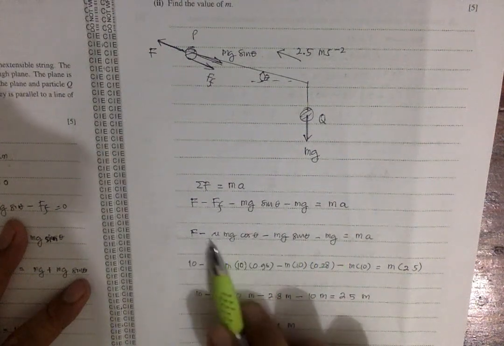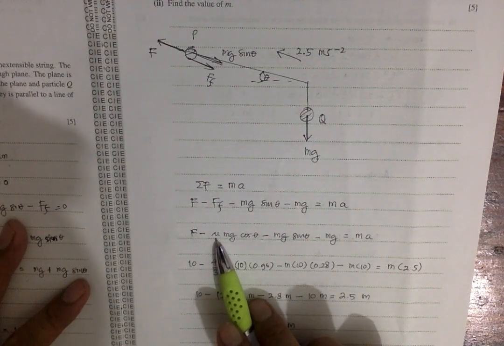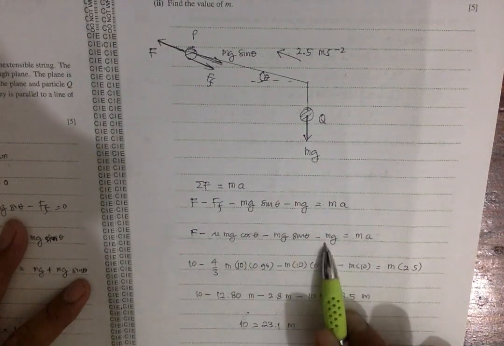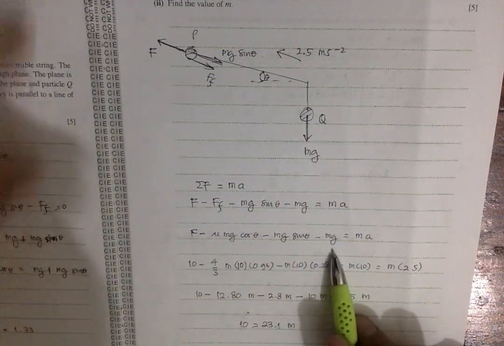F minus mu times the normal contact force, minus mg sin theta, minus mg equals ma.